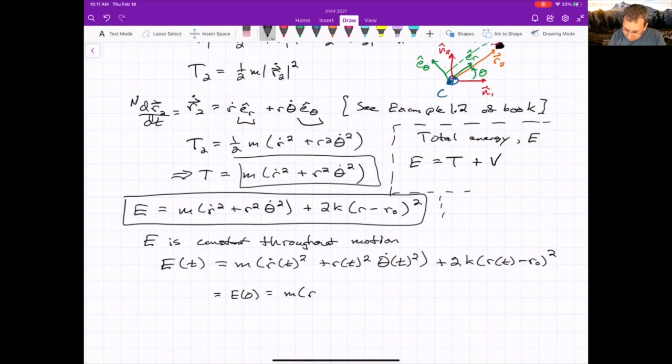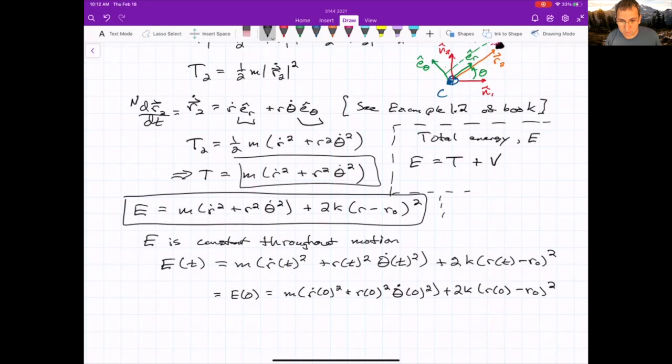Put a big 0 in there. R dot at 0 time plus r, the initial half distance between the two, then the initial angular velocity squared plus 2k times the initial distance between these, the initial distance squared. So that's conservation of energy.